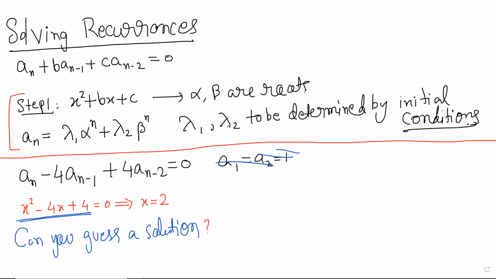So this way you can guess one solution. But the problem is that that will not work. Will it work? If I say that you take lambda times 2 to the power n, can you find the lambda? Can you find the lambda using the initial conditions? It will have two values, right?